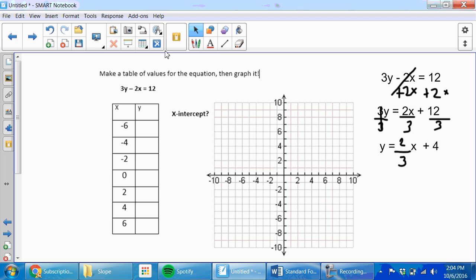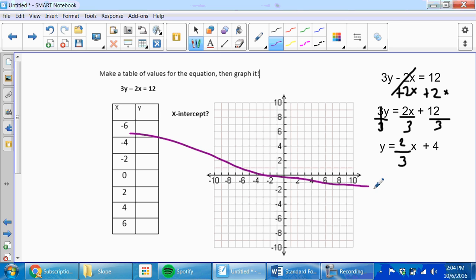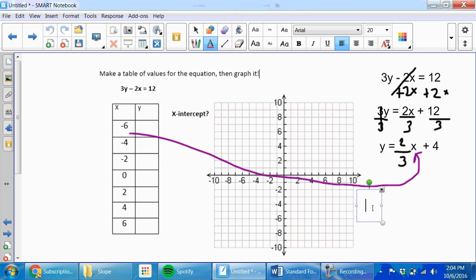What I do now is I take these numbers here and plug them in for my x value. So on my calculator, I would be typing 2 over 3, parentheses -6 parentheses, plus 4, because -6 is my first number.